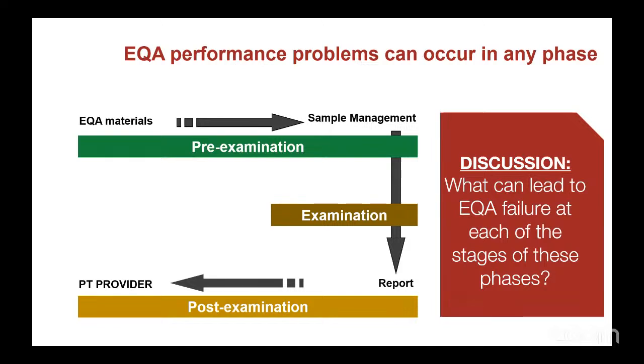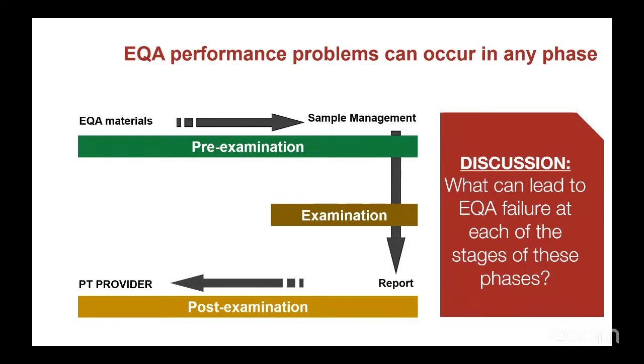A lot of things can lead to an EQA failure. Let's say you reconstitute the EQA material and you did not reconstitute it very well. Say you have to put 5 ml and you put 6 ml, or your pipette is not well calibrated and it's not pipetting the actual volume.